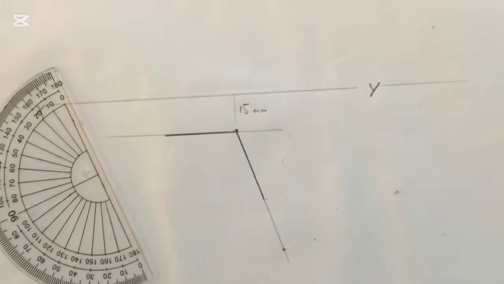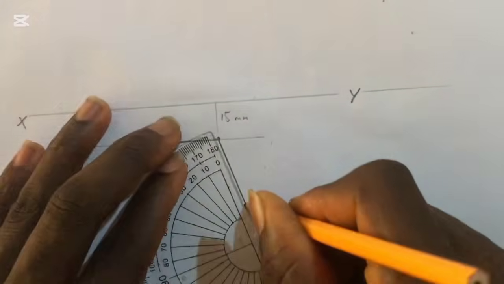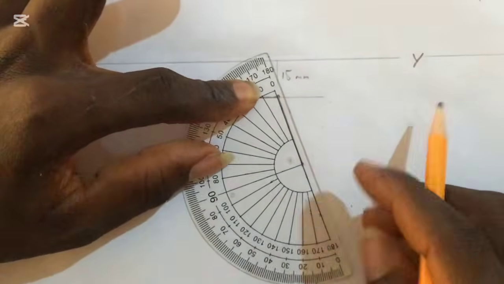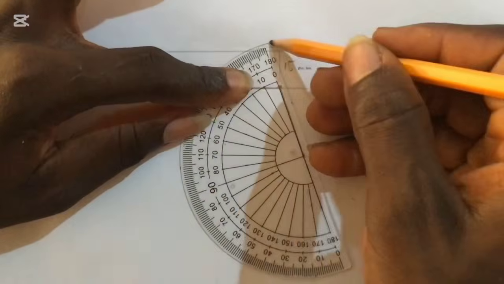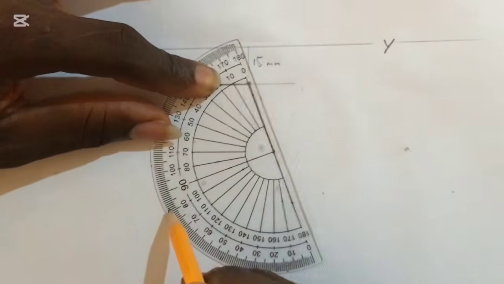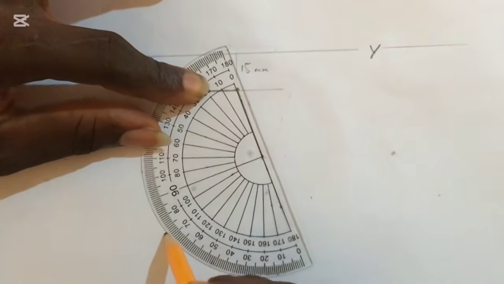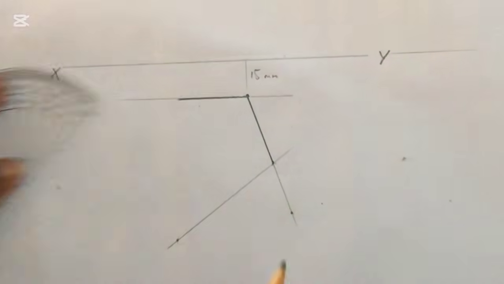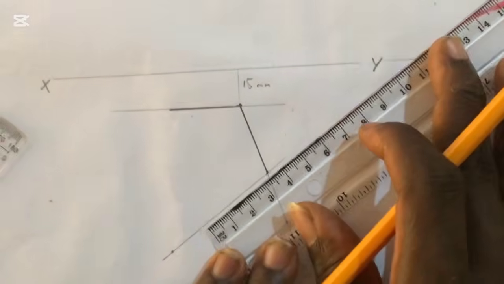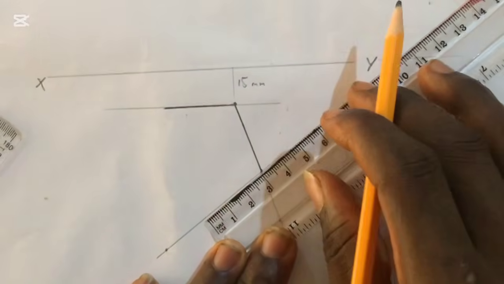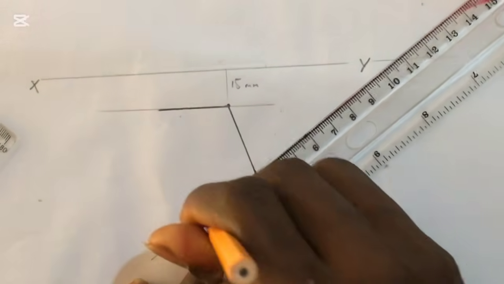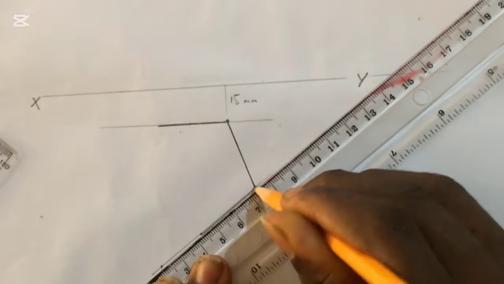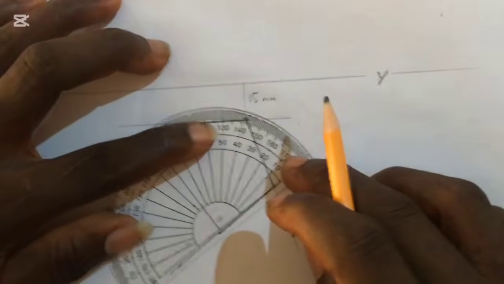Having done that, you take your protractor again, place it at the last point here, the middle. Then from here also, you count 108. So that will be 108 here. Connect it to the last point and measure again 30 millimeter. So that's how we're going to be doing it.